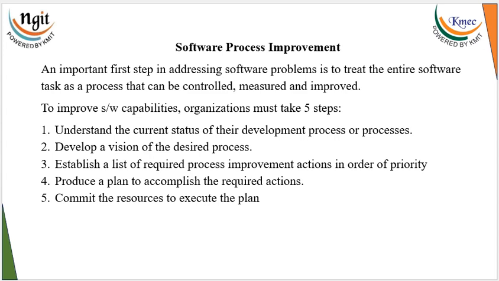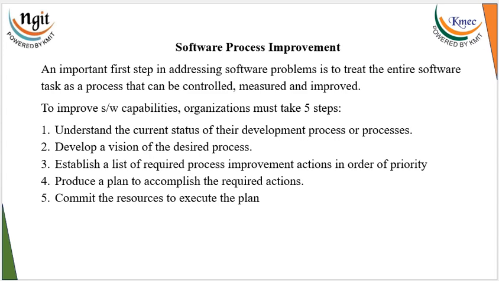In order to improve software capabilities, an organization must take the listed steps. First, they need to understand the current status of their software process development. Without understanding the current status, they cannot continue with their process development. Next, they need to develop a vision of the desired process.